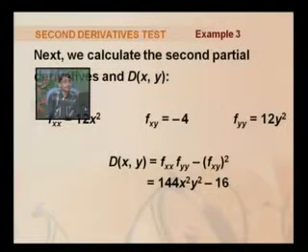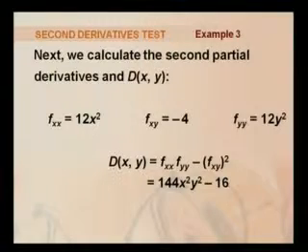Okay, so we calculate the second partial derivatives. First, fxx is equal to 12x square, and fxy is equal to minus 4, and fyy is equal to 12y square.